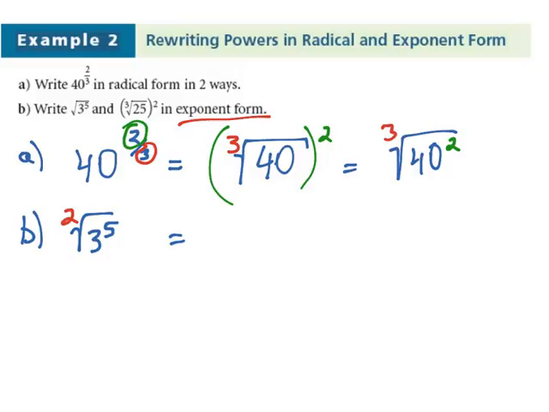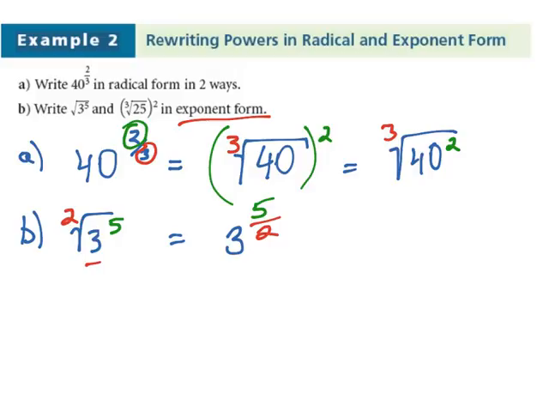The index is 2. And the power of the 3 was the 5. So the base is 3. So the radicand 3 is our base. It has a fraction of 5 over 2. That's the exponent.